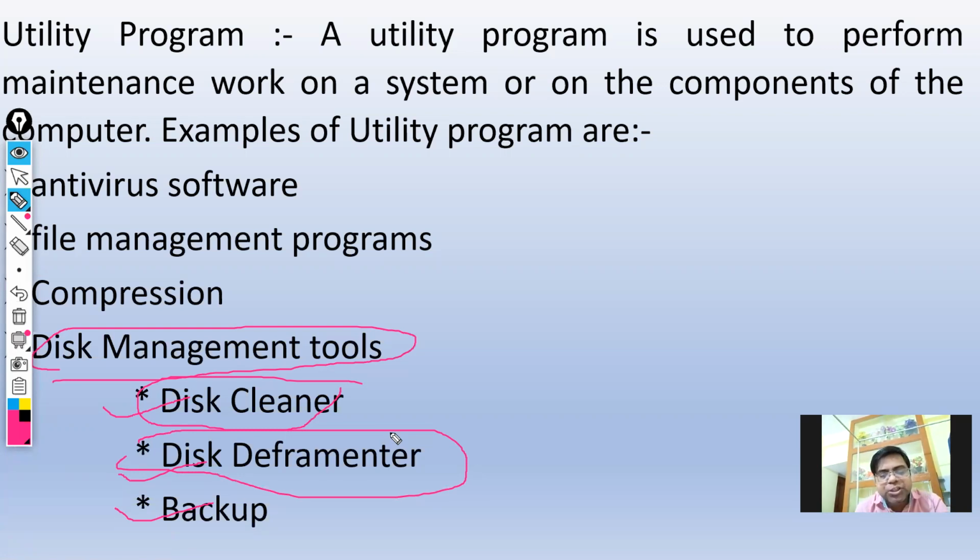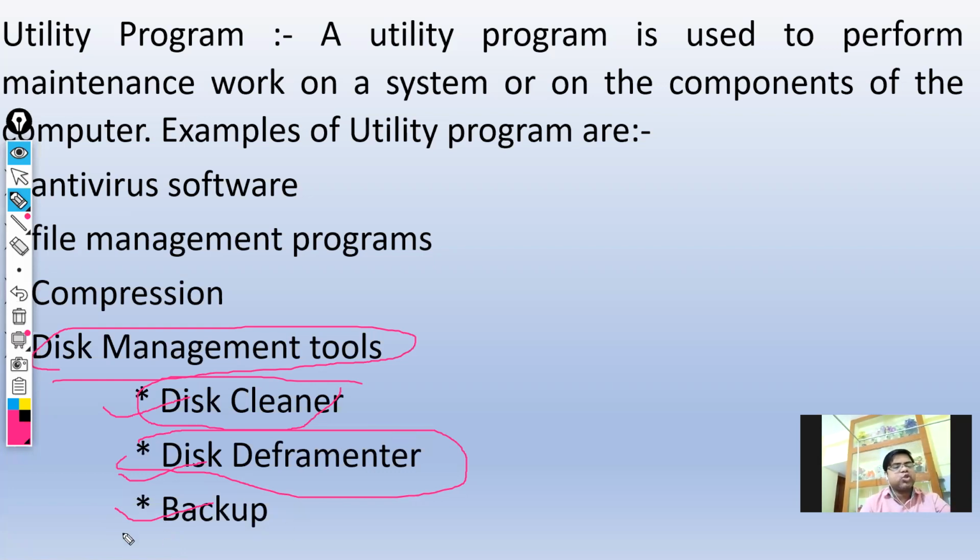This speeds up the disk access. Sometimes your system is slow, then in that case you must run the disk defragmenter. But for doing this you have to wait more than an hour, my dear, because it is very slow whenever you are running this.